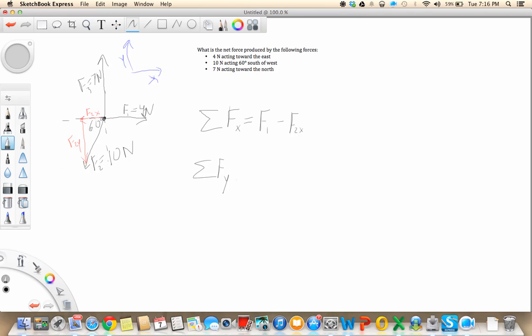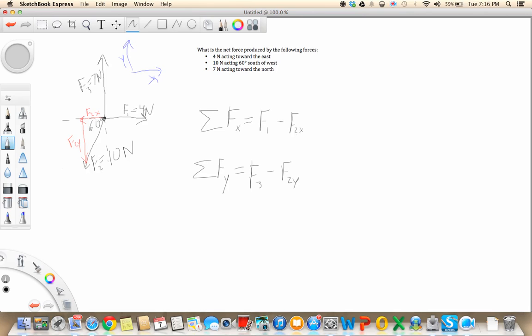Same thing's happening down here in your y direction. I see that my force 3 is going to be in the positive direction, and my force 2 in the y direction is going to be in the negative.